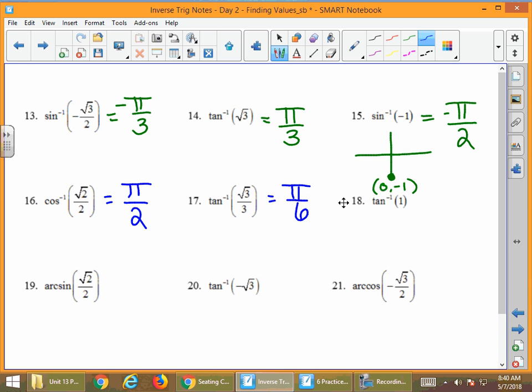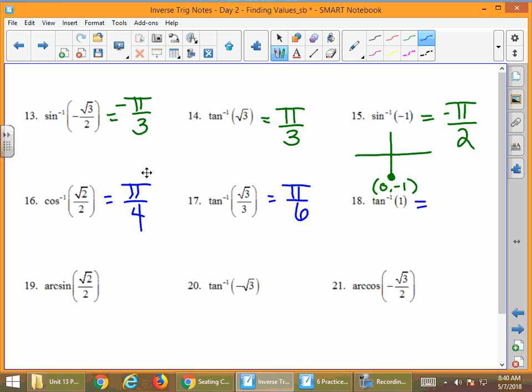Let's go back to 16. I don't know what I was thinking. What angle of cosine has a value of the square root of 2 over 2? Should be pi over 4. I just got caught up with all those 2's, I think. But thank you for correcting me.